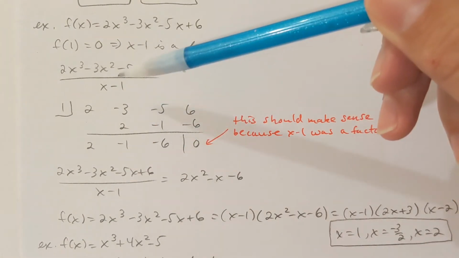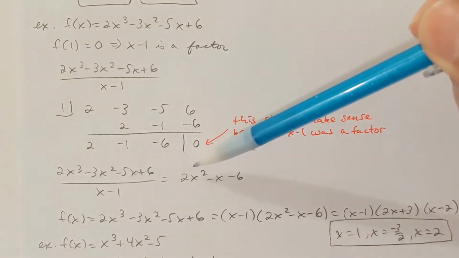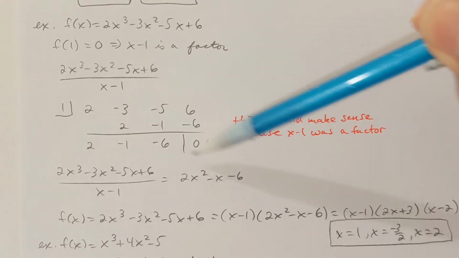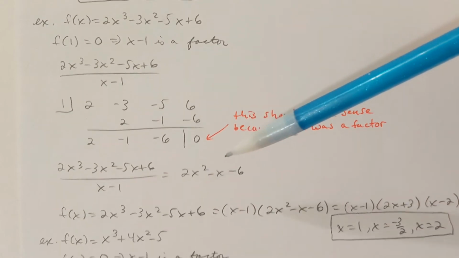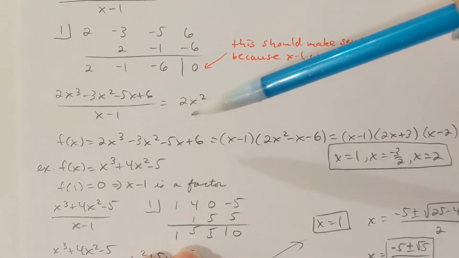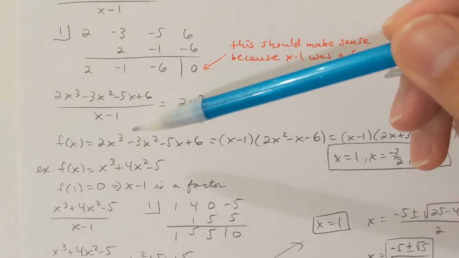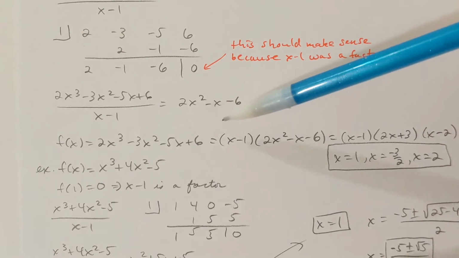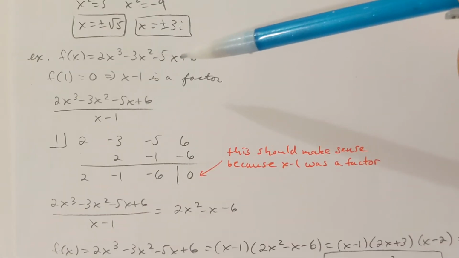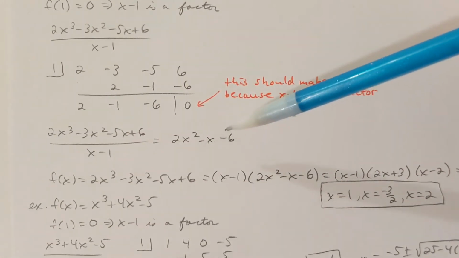When I divide these two expressions, 2x squared minus x minus 6 is what I get. And if I cross multiply on that, f of x equals 2x cubed minus 3x squared minus 5x plus 6.